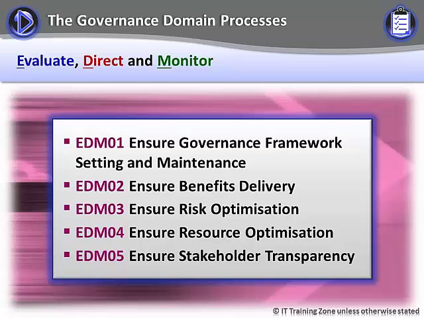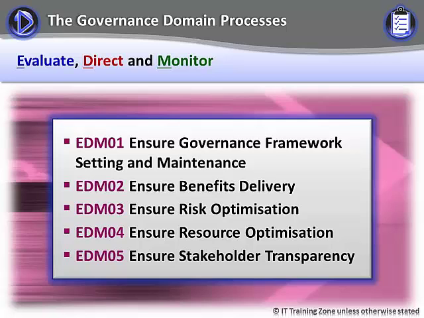EDM03 Ensure Risk Optimization. This process is concerned with developing an understanding of the enterprise's appetite and tolerance for risk, and the high-level risks posed by IT. EDM04 Ensure Resource Optimization. This is about ensuring that the enterprise has enough IT-related resources to satisfy its needs, without incurring excessive costs.